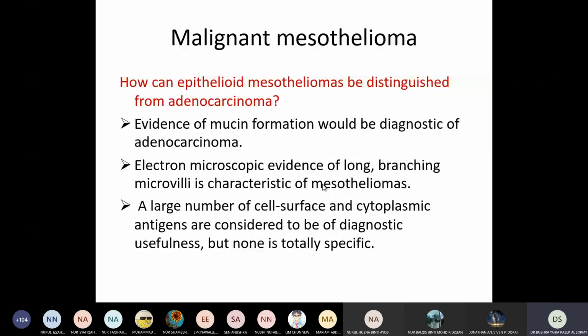So they just do mucin. Usually mucin is positive in adenocarcinoma. And other immunohistochemistry like CK7 and CK20, and many other panels, we do to differentiate between both.